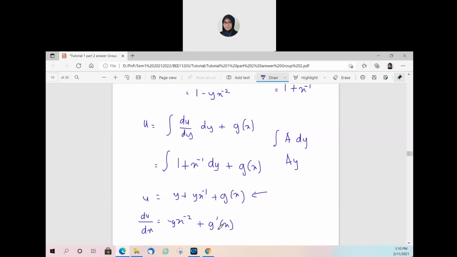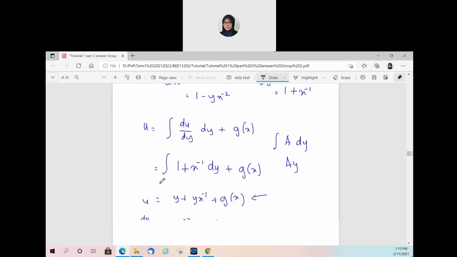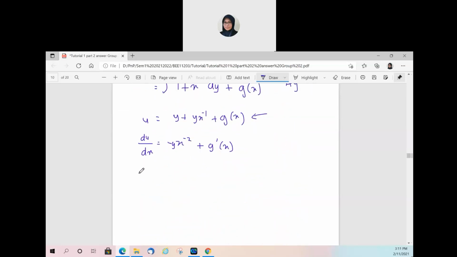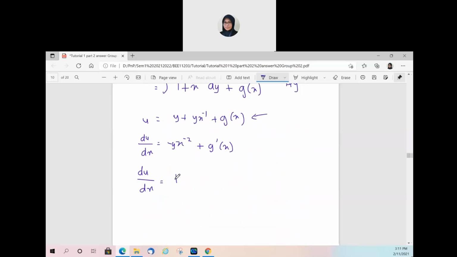Okay, so here we have du over dx. We want to find what is g prime x. We have to compare this du over dx with this du over dx here. So here you have du over dx equals to 1 minus y x minus 2.